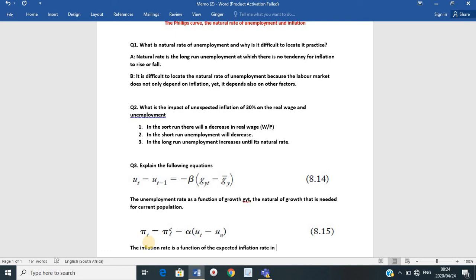rate. All of this in the same period, because you can see this t basically means the same period, all right.